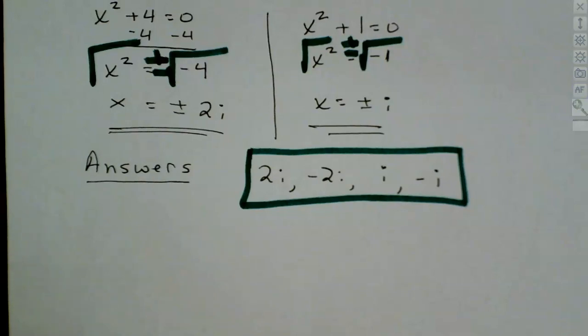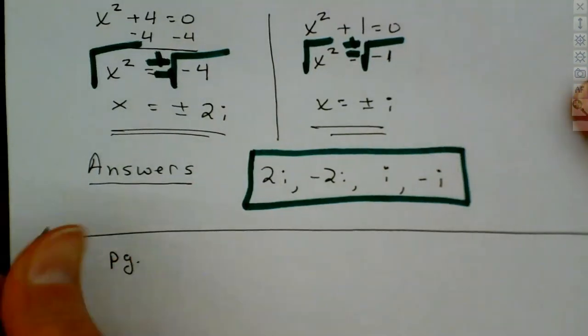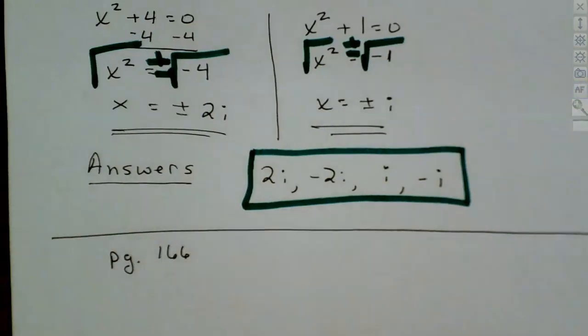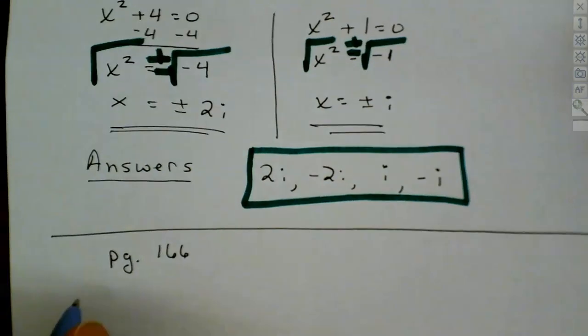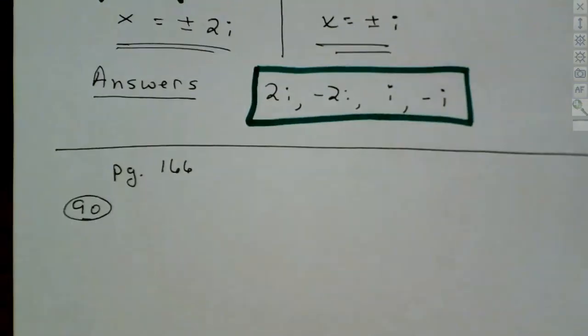Let's look at one from our textbook, and this is on page 166. And we're going to look here at question number 90. So this one's actually a little bit more difficult to factor.